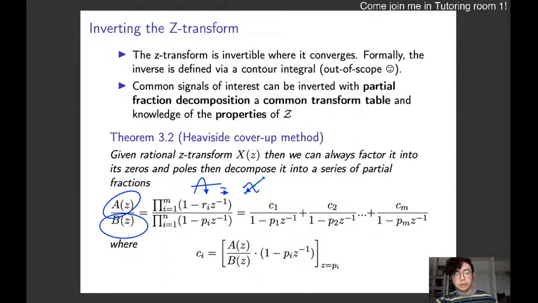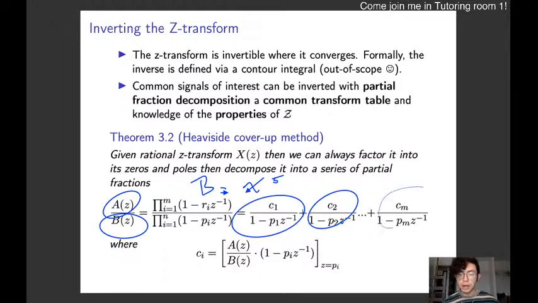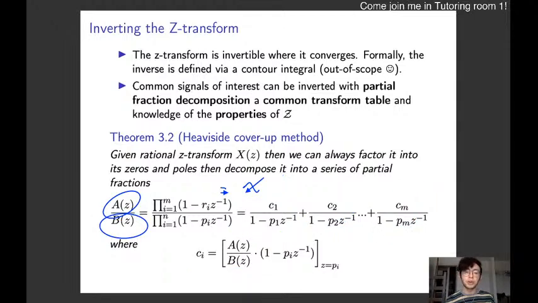But if this was b, in the denominator, and we had an x to the 5th, then we would have 5 different poles, so we would have 5 different terms here. The zeros don't really matter in this process for the most part, except when you're evaluating to get these coefficients. And I'll show you more concretely what this means in our examples after these slides are done.